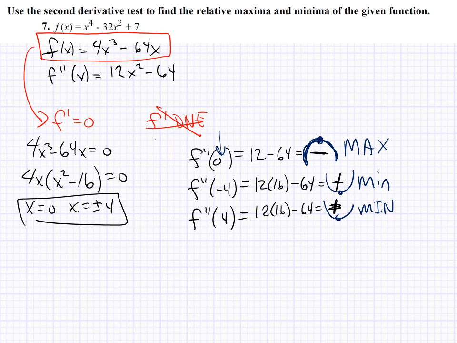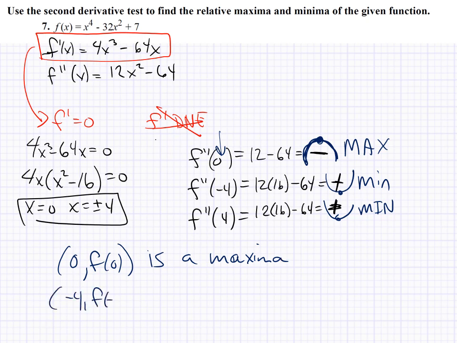So I could say that 0 comma f of 0 is a maxima, and negative 4 comma f of negative 4 and 4 comma f of 4 are mins by the second derivative test.